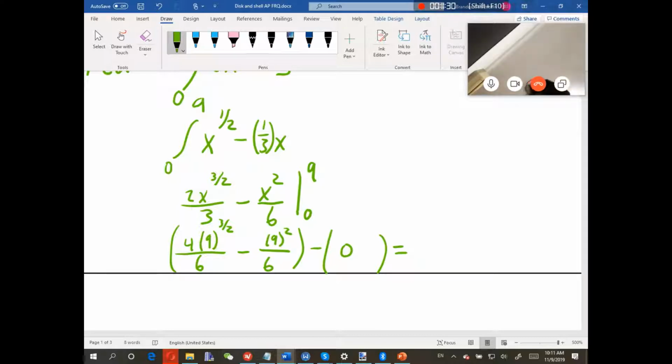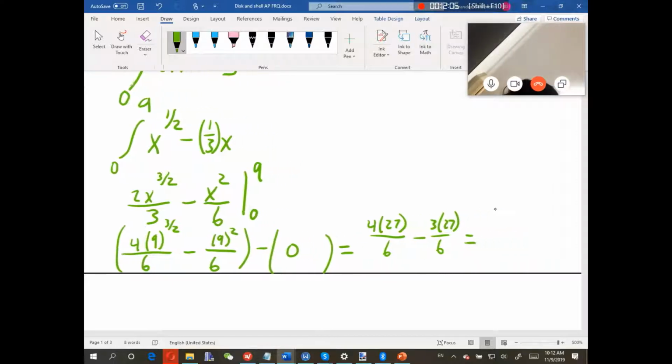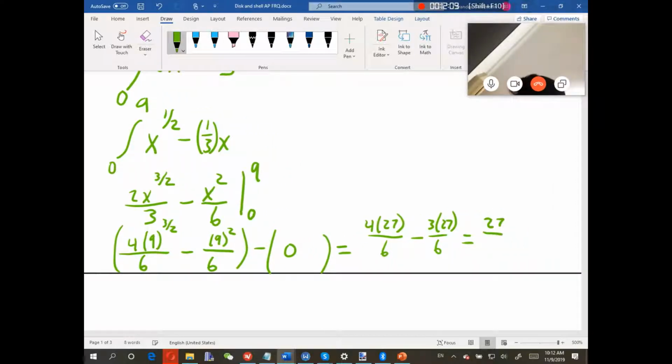So this will be 4 times 27 over 6 minus 81 over 6. 81 is what times 27? Three. So this is 4 times 27 minus 3 times 27. Should give me what? 27. So this is 27 over 6.